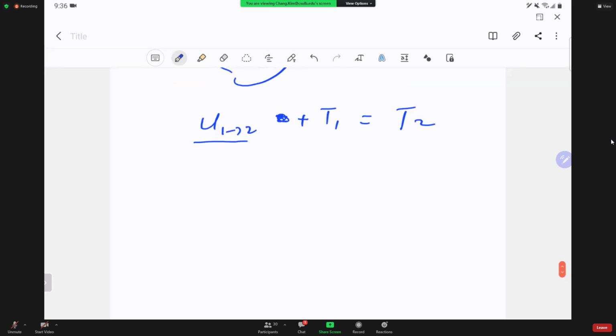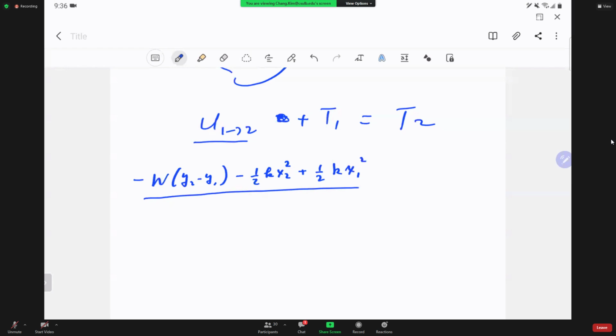Okay, here we go. The first one was minus W times (Y2 minus Y1). The second one was minus 1/2 times K x2 squared plus 1/2 times K x1 squared, and this is the U of the conservative forces.